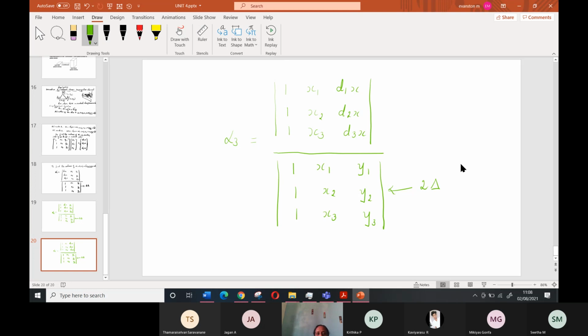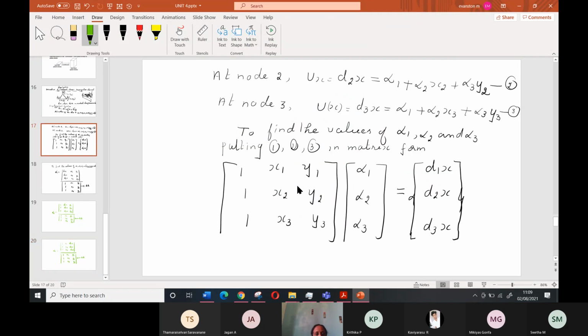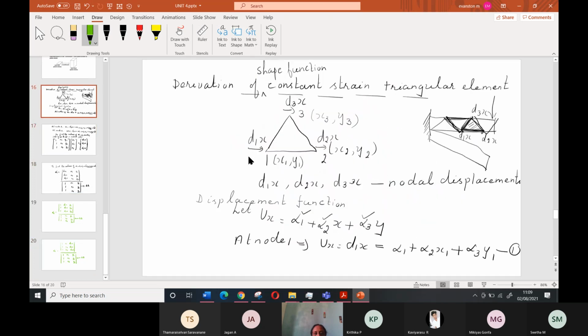So now we have to find out these values, that is, when you divide by 2 delta, what will you get? How will you find the determinant value? The original equation is u of x is equal to alpha 1 plus alpha 2 x plus alpha 3 y.